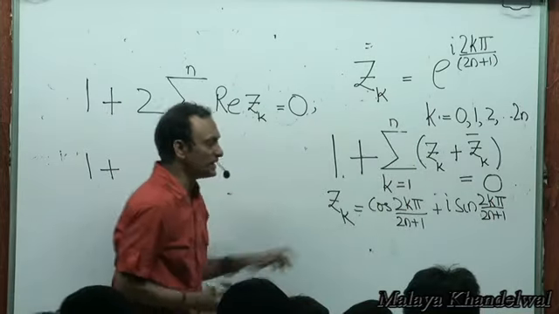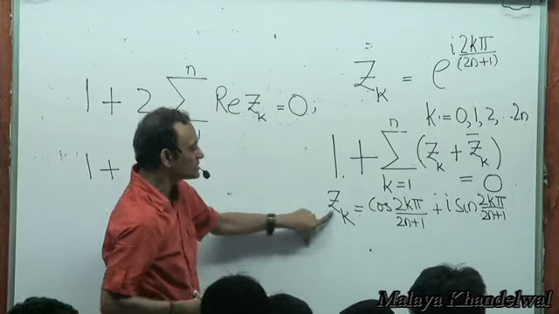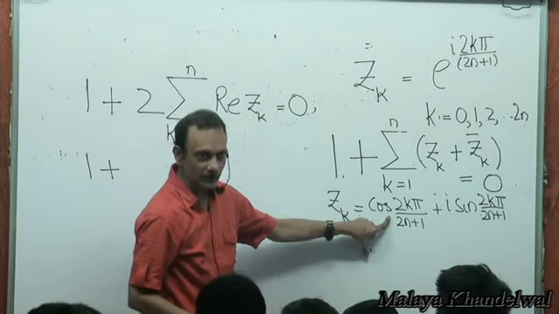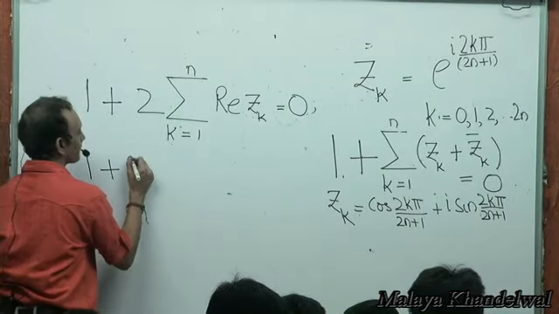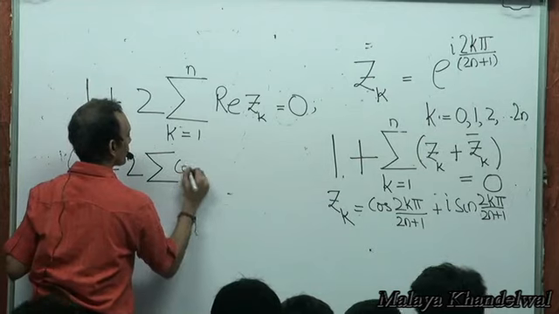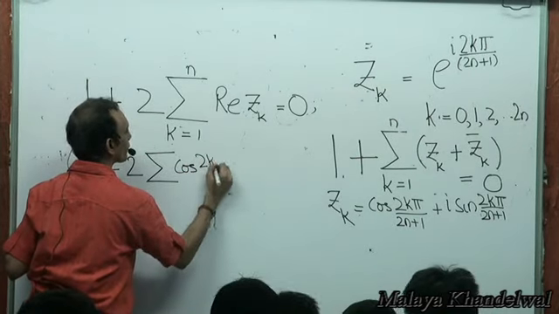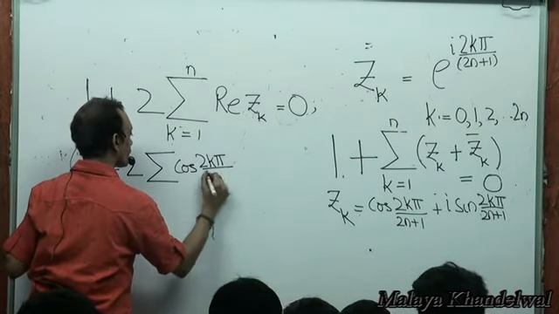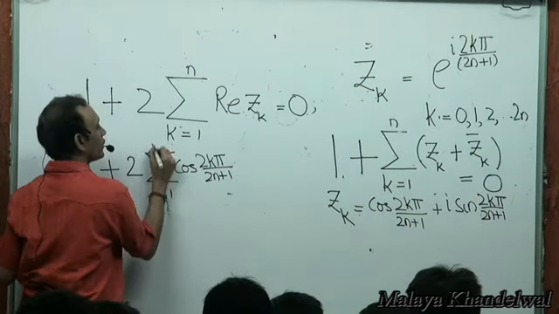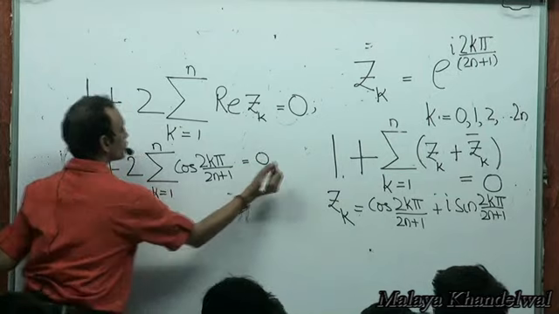That's e to the power i theta equals cos theta plus i sine theta. What's real zk? Cos 2k pi by 2n plus 1, k equal to 1 to n, must be 0.